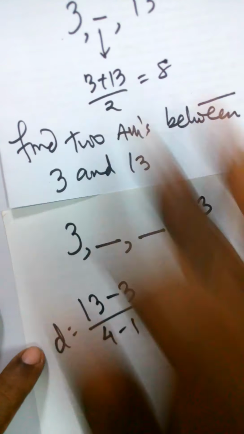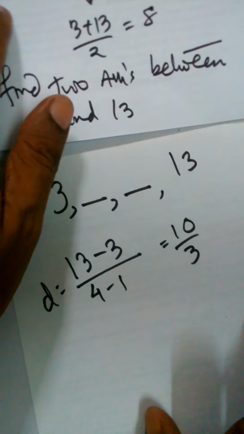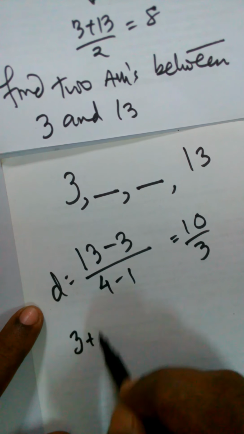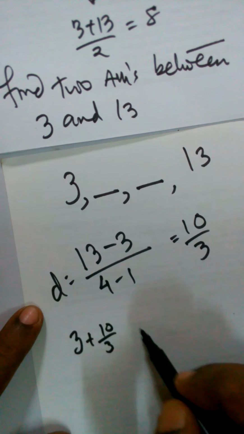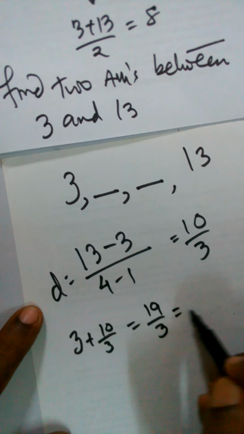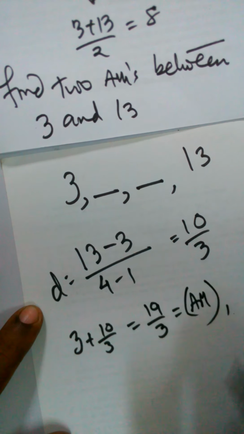So what you can say is that the first arithmetic mean will be 3 plus the difference 10 by 3, which is 19 by 3. This is arithmetic mean number 1.